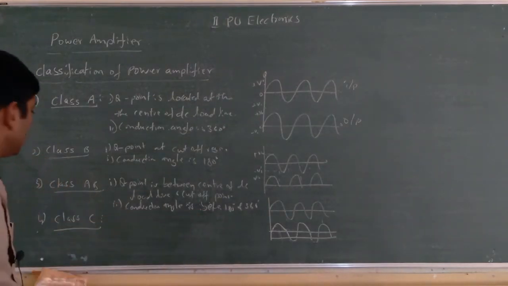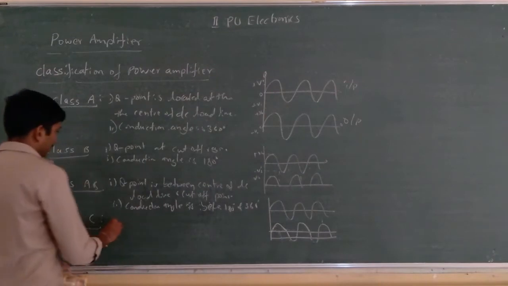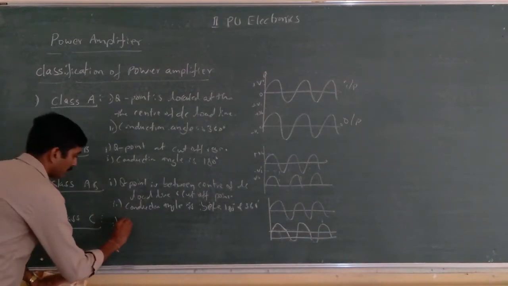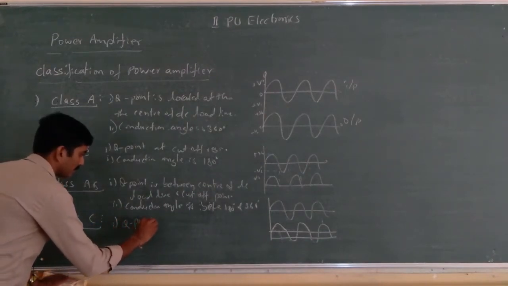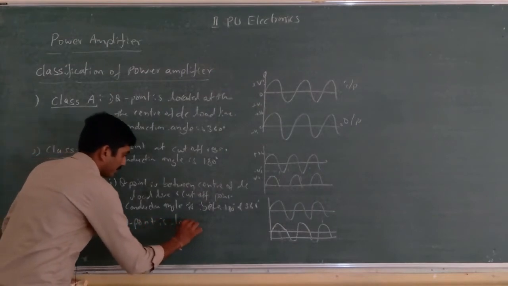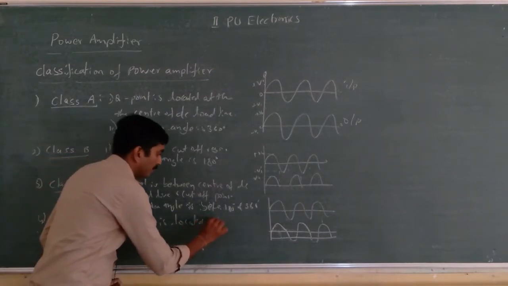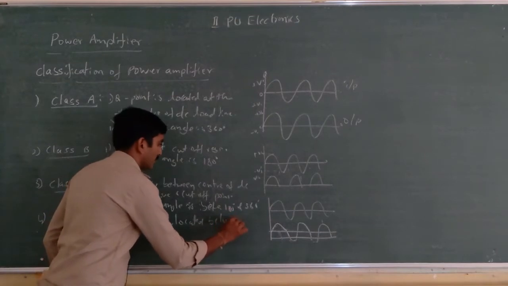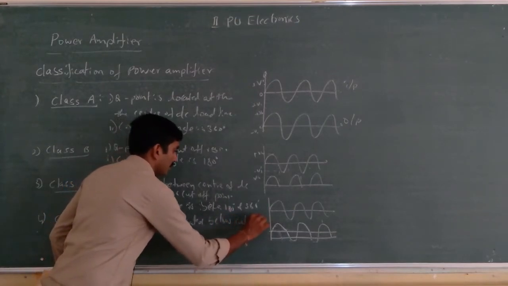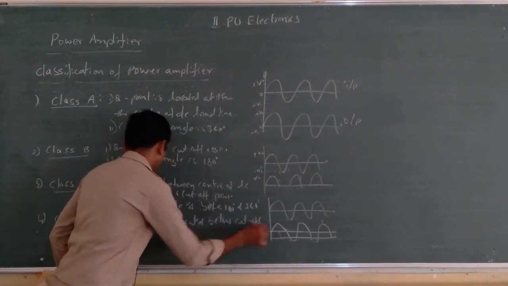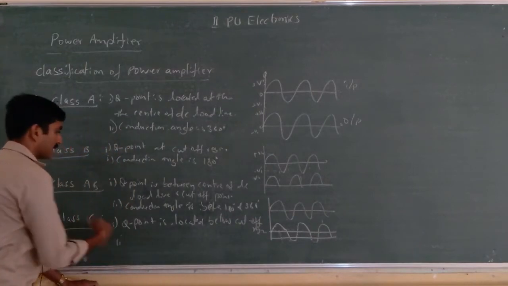Next, class C amplifier. The Q point is located below the x axis, or below the cutoff region. So what about the conduction angle?